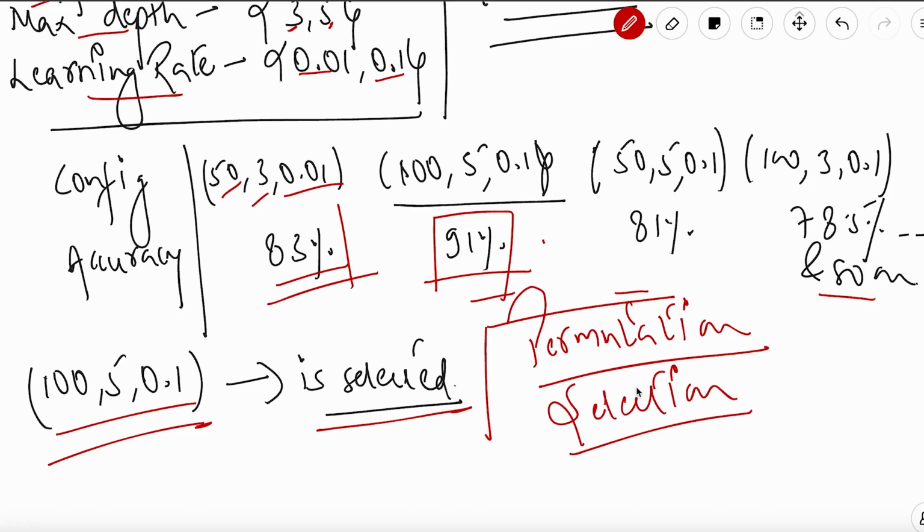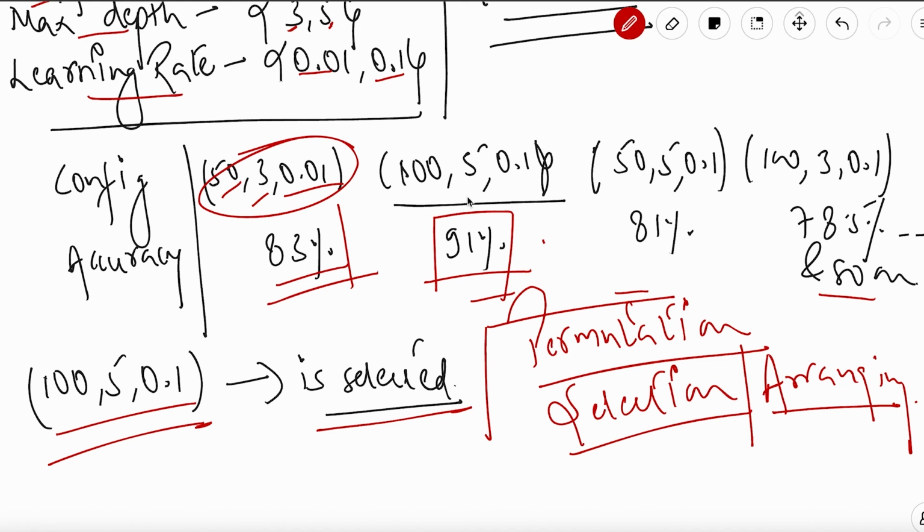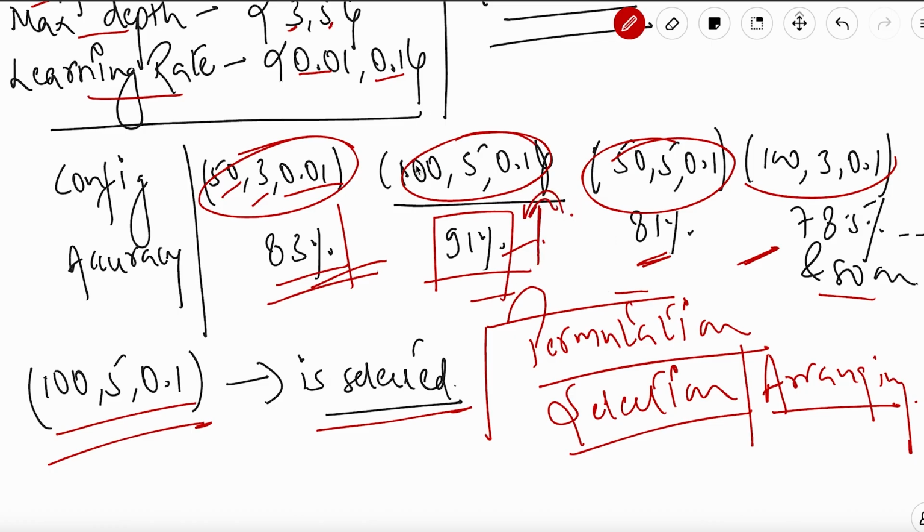We are selecting from the hyperparameters which are available to us, and then we are arranging them, and then we apply this selection and arrangement to our model to find out the accuracy in percentage, and then we select the one which we find to be the good option, and then we go ahead with this set of hyperparameters. This is what we are going to use in our model.